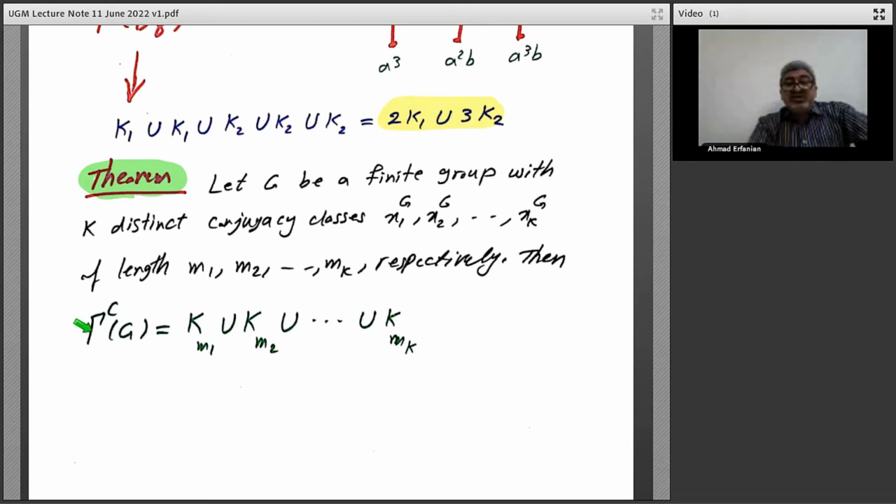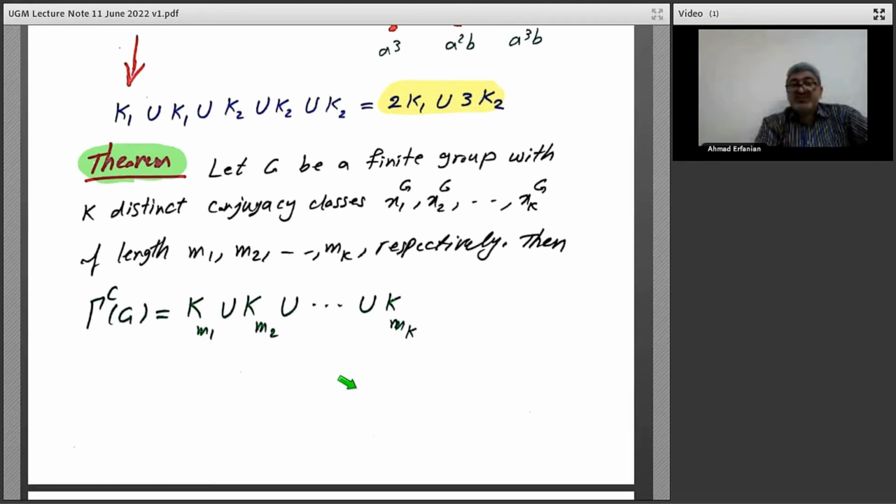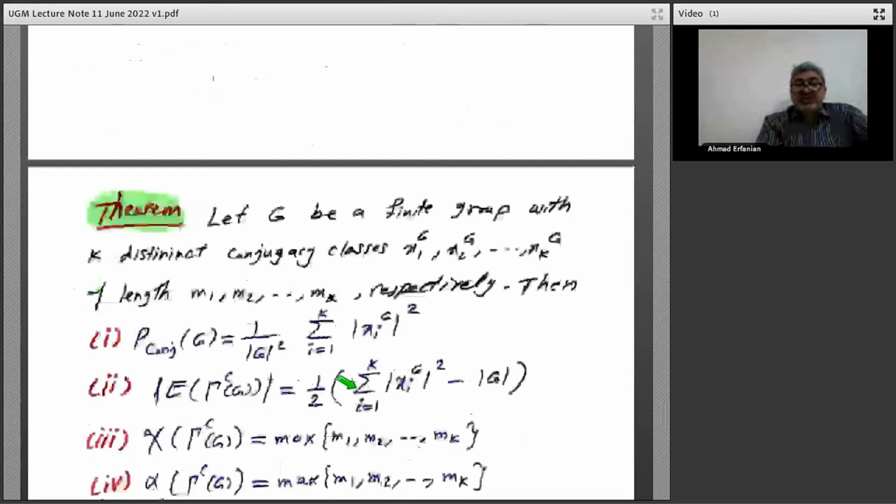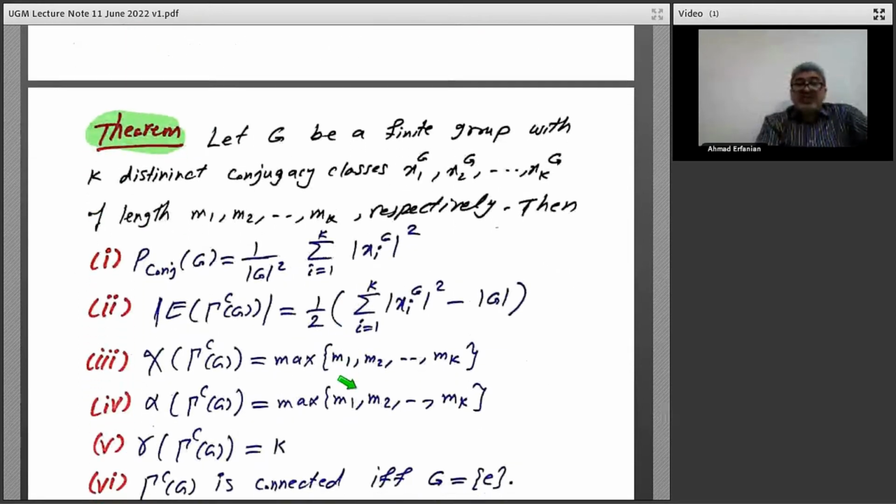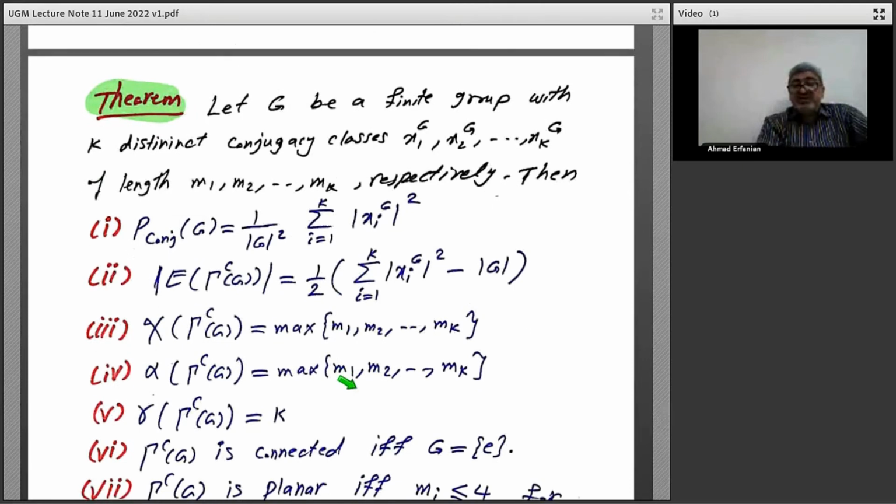We may give a structure for the conjugate graph in terms of the size of conjugacy classes as the following. Suppose that G is a finite group, and we have k distinct conjugacy classes, the conjugacy classes of x1, x2, and xk of sizes m1, m2, and mk respectively, right?